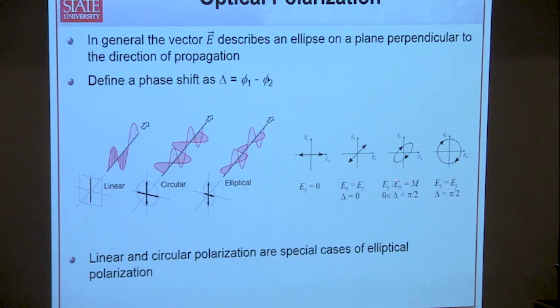Here's a case where their magnitudes are not the same, and their phase is not pi over 2, so you get elliptical polarization. This is the general case. And then, assuming that their magnitudes are the same and the phase shift is pi over 2, or an integer multiple of pi over 2, you get circular polarization. So the reason I bring this up is that a lot of optical diagnostics are polarization sensitive. We're going to have to talk about this. And a lot of your optical components are polarization sensitive.